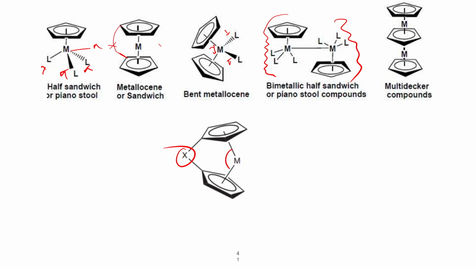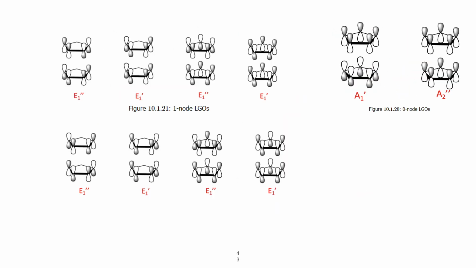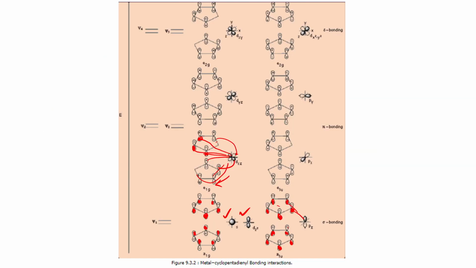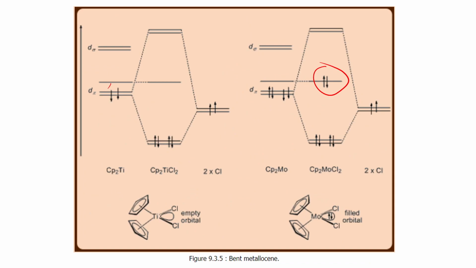Then we discussed different types of sandwich molecules, like half sandwich, tilted sandwich, this kind of thing. Some MO diagrams we have explored well, compared with orbital symmetry, and the MO of ferrocene.